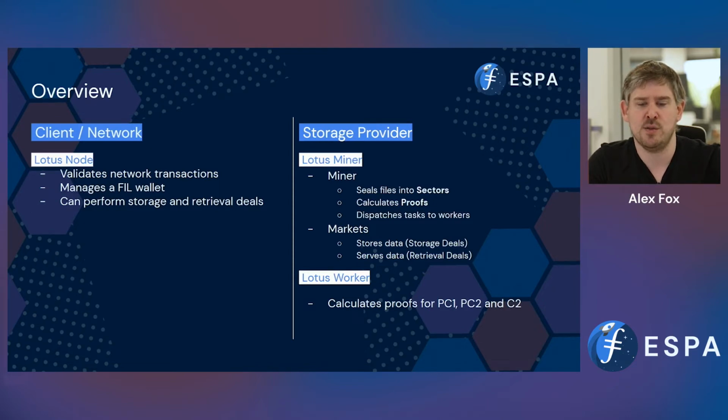The workers connect back to the miner, and essentially when the miner receives data, it needs to perform sealing on the data. It will send it over to the worker to do the actual sealing. So the amount of worker machines and worker processes we have running determines how much data throughput we can have, how many client deals we can seal at the same time.